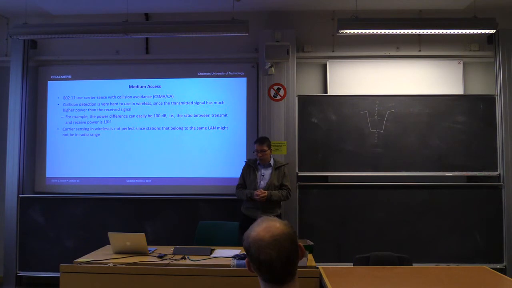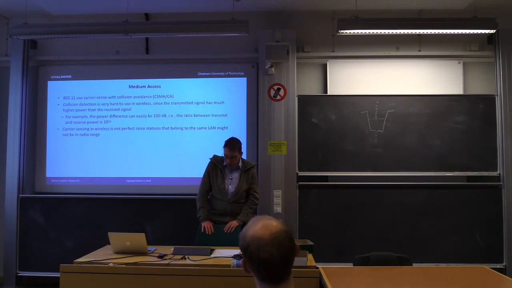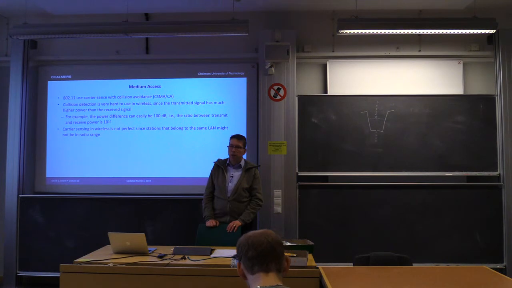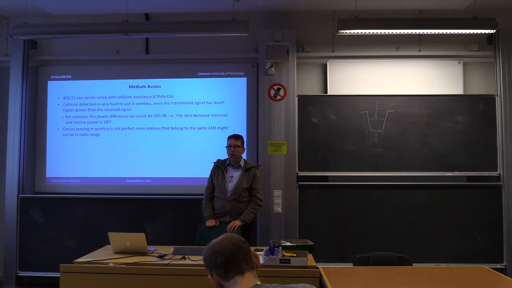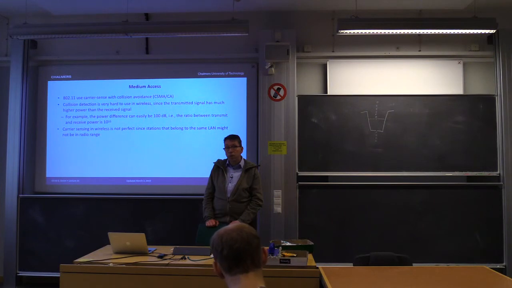So 802.11 was chosen to use carrier sense multiple access with collision avoidance. Basically when one selected this, one was primarily interested in having something which had low cost. It's not the most efficient way to do things, but it works very well if there is not a high load on the channel, so not a lot of traffic ongoing, and it's also relatively cheap to implement.